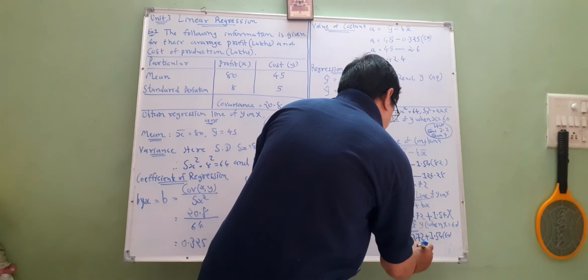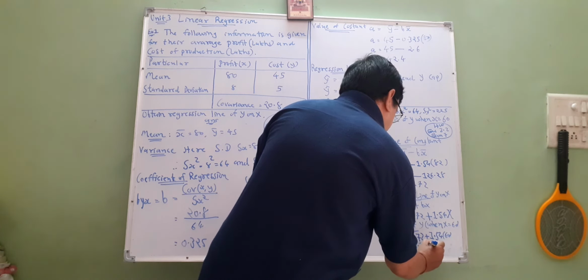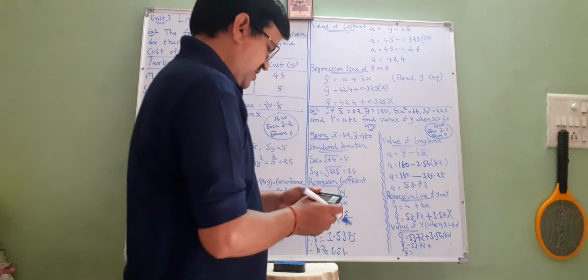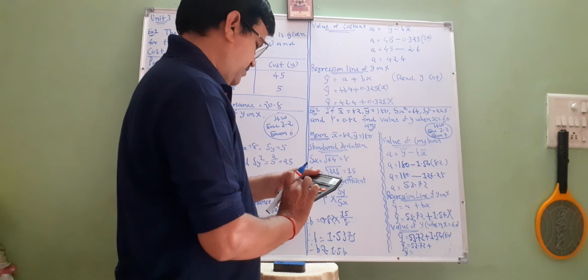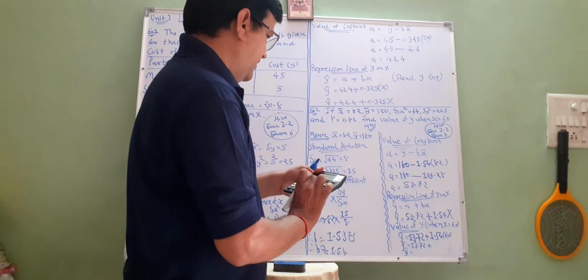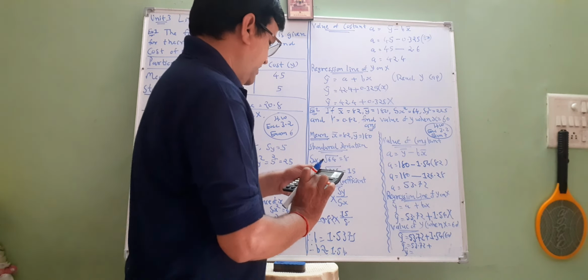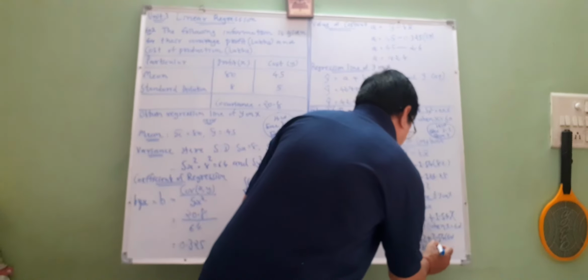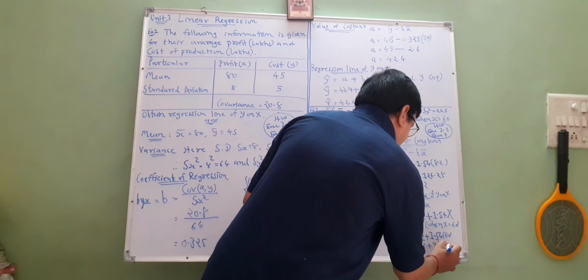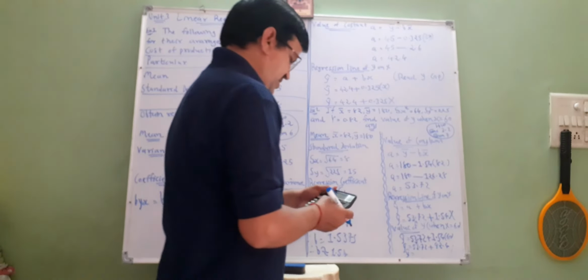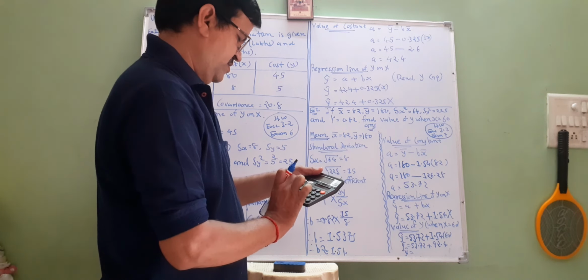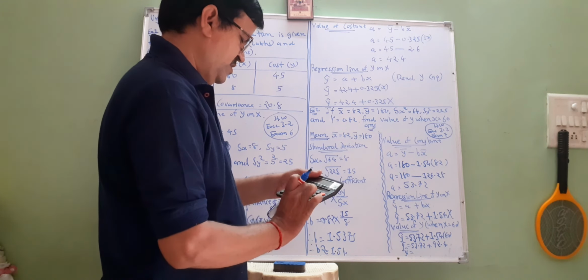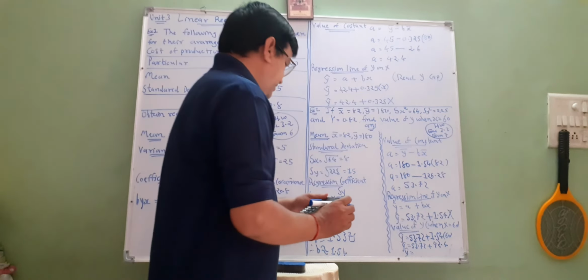So 60 into 1.54 is equal to 92.4, and 92.4 plus 53.72 is equal to 146.5.